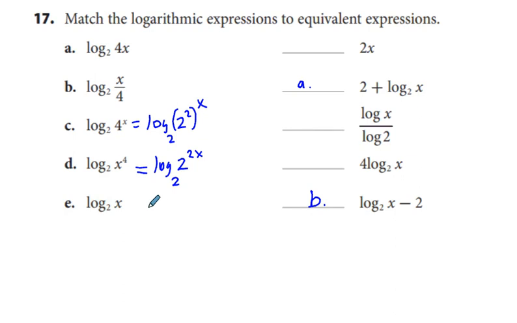Using the power property, we take this 2x out front, so we're going to have 2x log base 2 of 2. And what is log base 2 of 2? It's 1. So our answer here is going to be 2x. So that's going to be C right here.